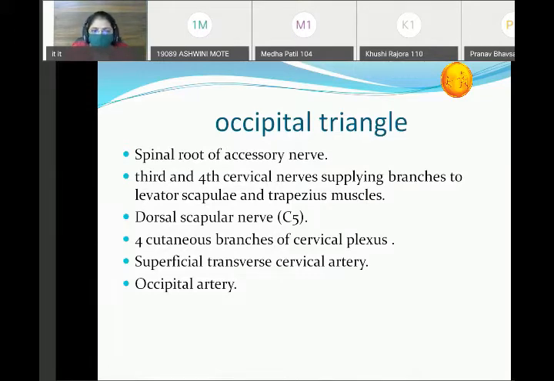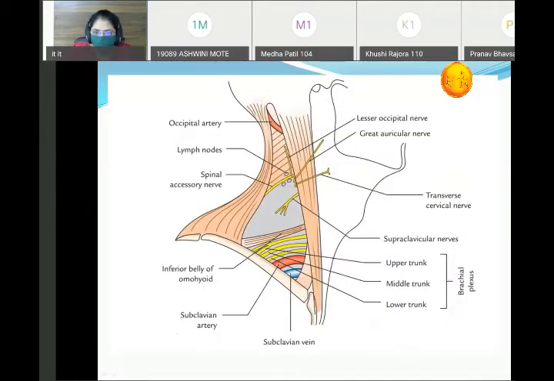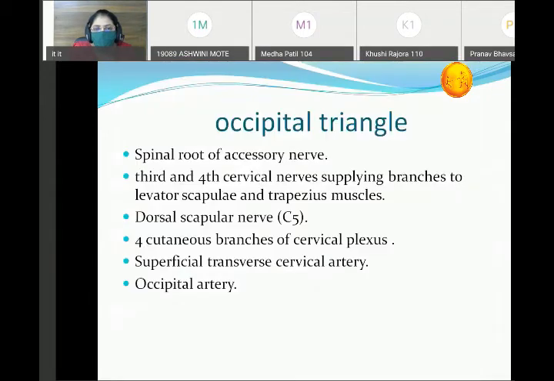Again, the trapezius is also supplied by the third and fourth cervical nerve, that is proprioceptive fibers. It also runs just below this spinal accessory nerve. In this figure, you cannot appreciate. So third and fourth cervical nerve supplying branches to the levator scapulae and trapezius muscle.